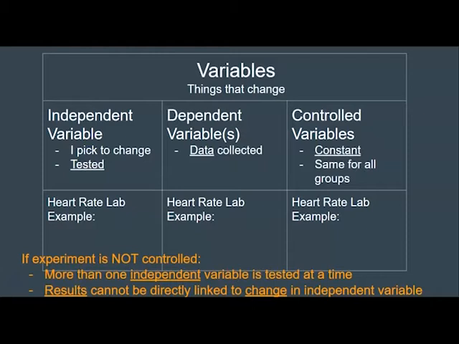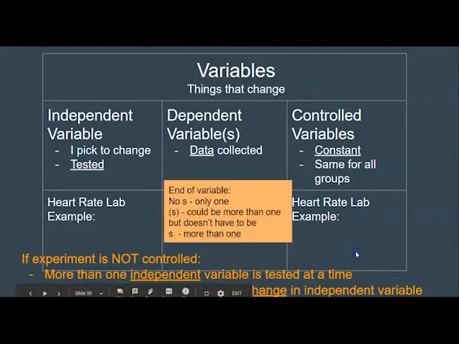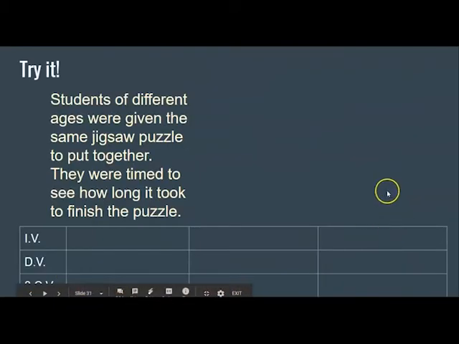So if I'm trying to lose weight and I decide to change my diet and start exercising, that's two variables, and I can't say one way or another which one is helping me lose weight. So if you're doing an experiment, you would just want one thing changing. For example, I would want to change my eating habits and see if that actually is something that can help me control my weight. Don't worry about that. All right.